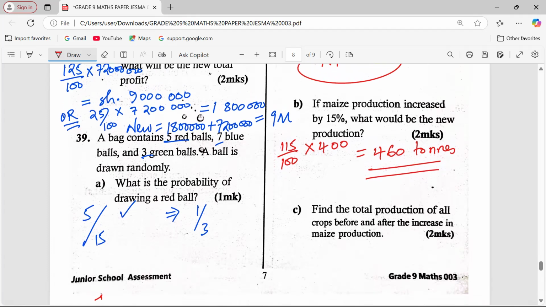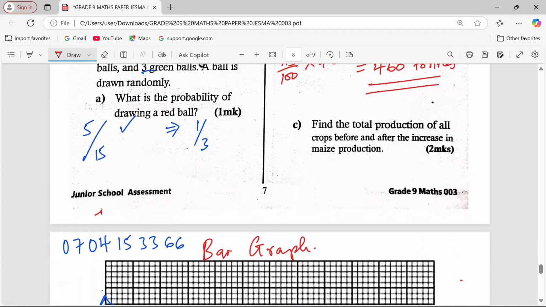In part B, we are told if maize production increased by 15%, what would be the new production? 460 tons. Then in part C, find the total production of all crops before and after the increase in maize.